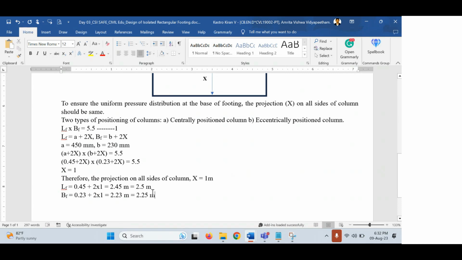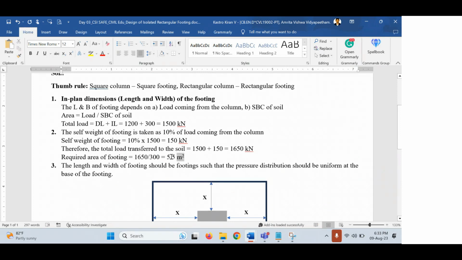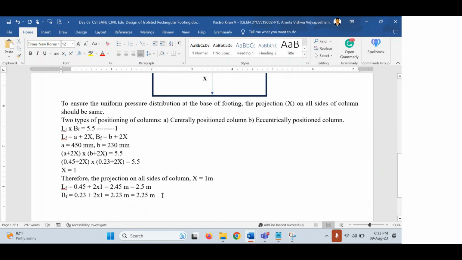Now we have to check. The required area is 5.5 square meters. Now, how much have we provided? The provided area of footing equals 2.5 into 2.25.